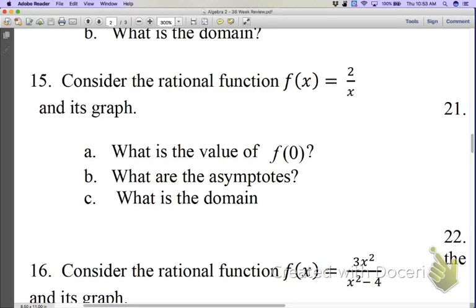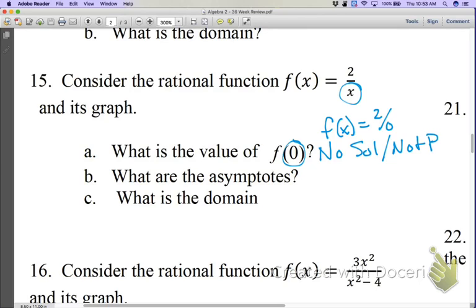So what happens when we plug 0 in for x? Well, it's not 0. Divide by 0. It's an error, right? It's not possible or no solution because you can't divide by 0.